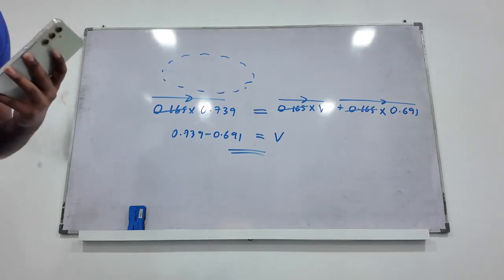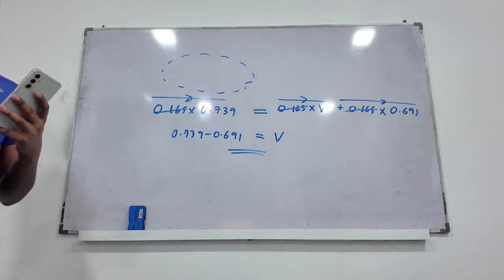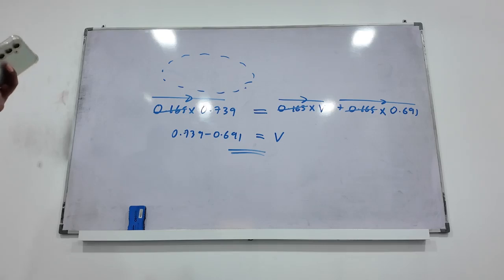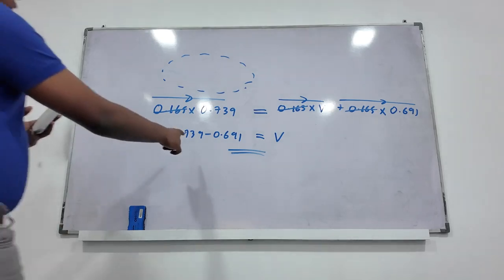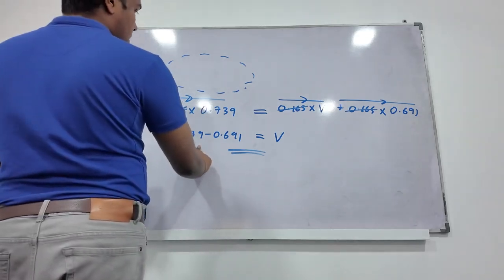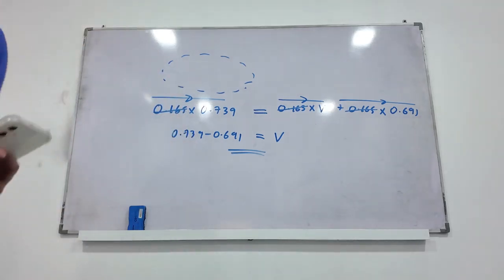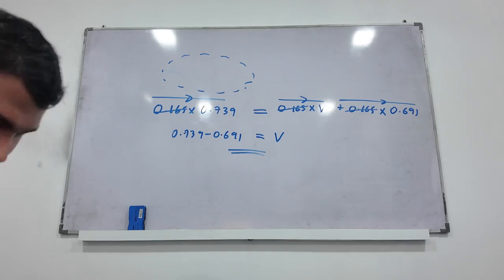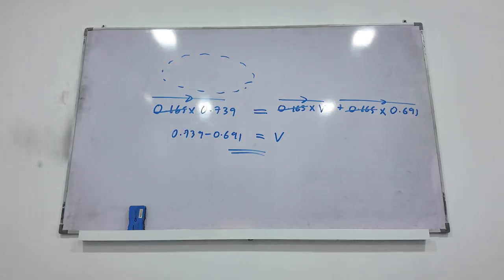Once you do this, you'll get the answer as 0.04 something. Yes, you should get the answer like that. Why isn't it coming?